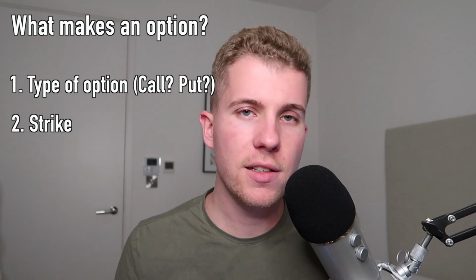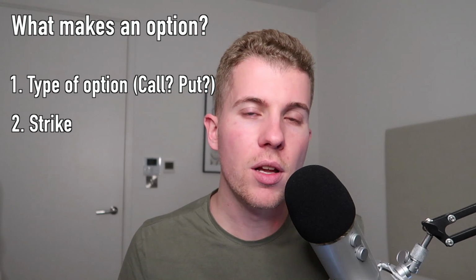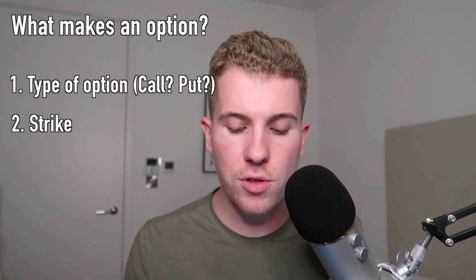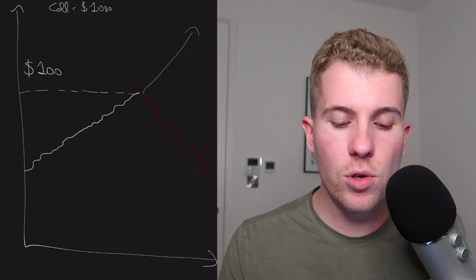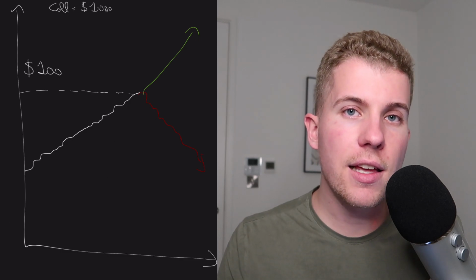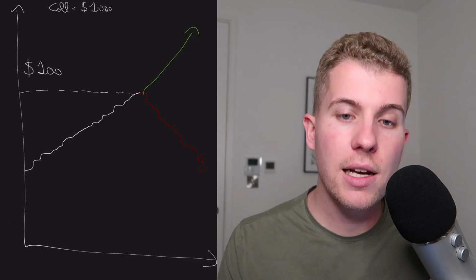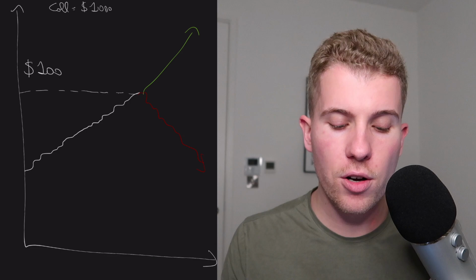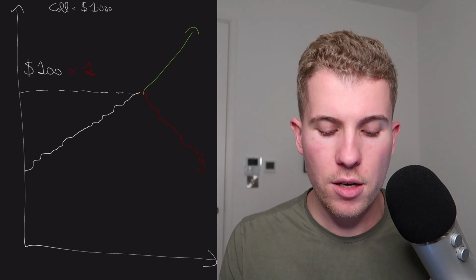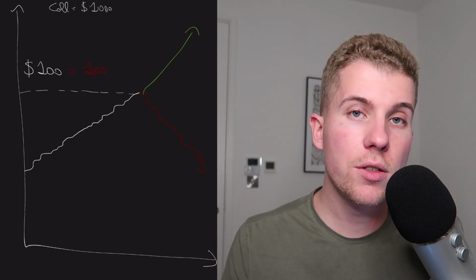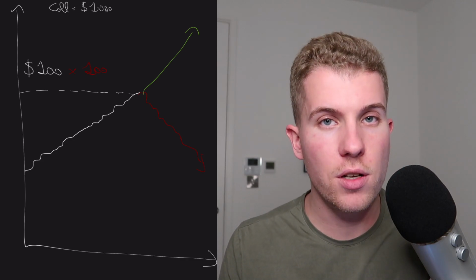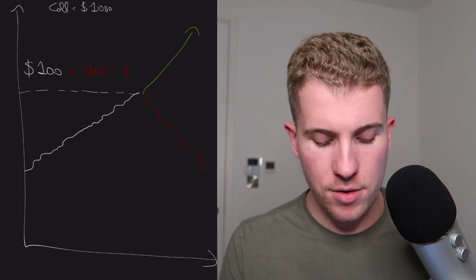I know it's a long sentence, basically to say something very simple. For example, if you buy a call option in our example of that stock, and you buy that call option at the 100 strike, then if you decide to exercise your option, you're going to have to pay $100 times 100 shares, because one contract controls 100 shares of a stock, which equals $10,000.